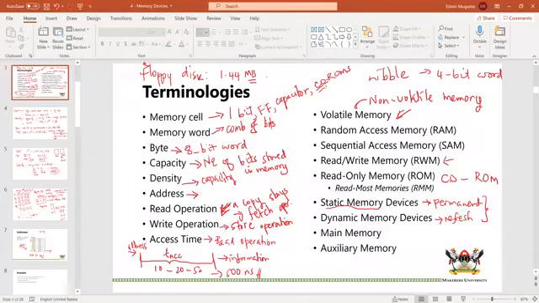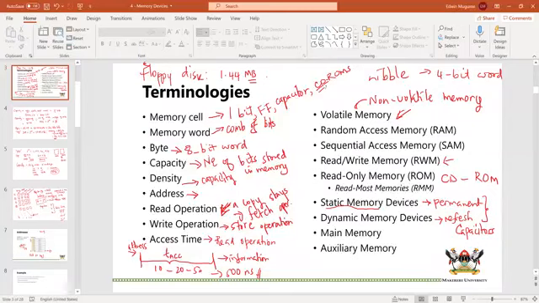Now that means static memory is like a flip-flop, because if you have a state in a flip-flop, it will not change as long as there is power. But with dynamic, you're looking at something like a capacitor. So the memories that are based on capacitors usually require refreshing. The reason is because capacitors drain. I think you know that the charge on a capacitor drains.